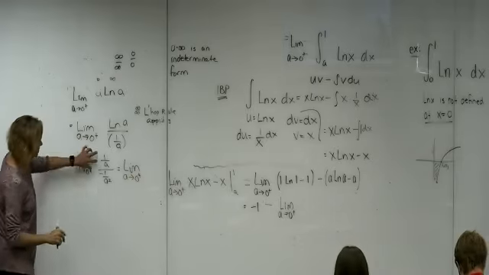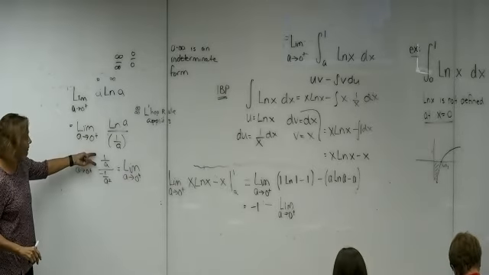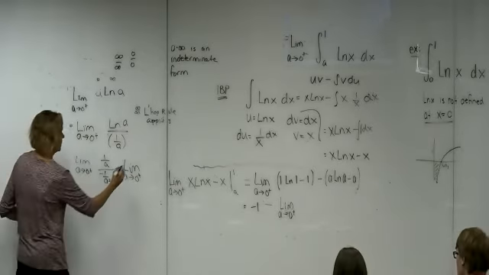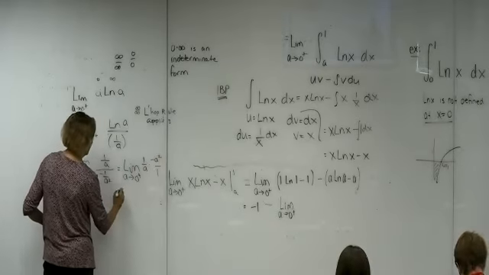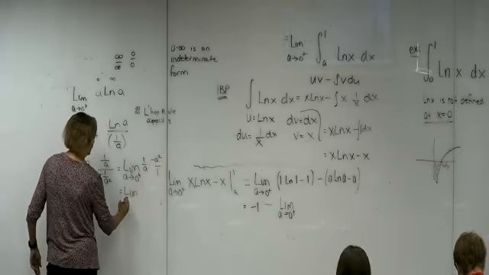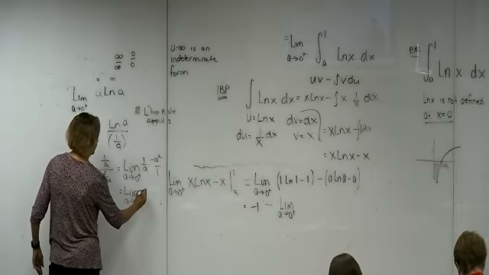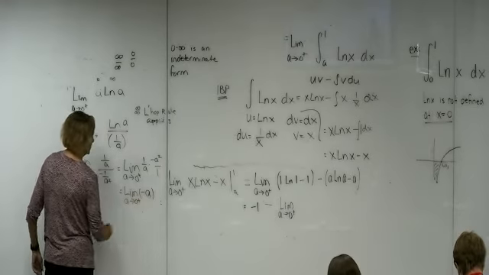So when I divide this one by that one, I flip that one over and multiply. So I've got a 1 over A times a negative A squared over 1. So this becomes the limit as A goes to 0 from the right of negative A.